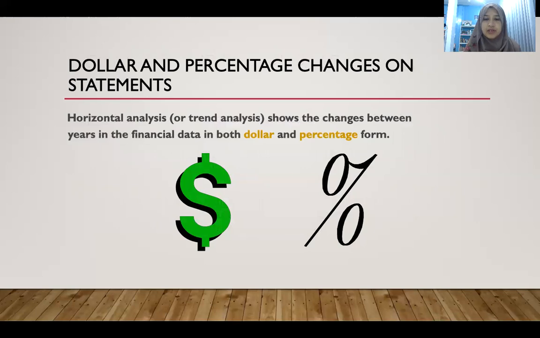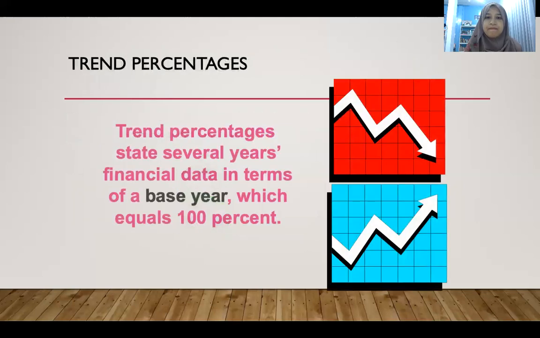Okay, so it shows basically the dollar and percentage changes on the statement. The horizontal analysis will show us the trend pattern, in terms of percentage as well as the amount itself, whether it goes up for certain items in the financial statement or goes down.